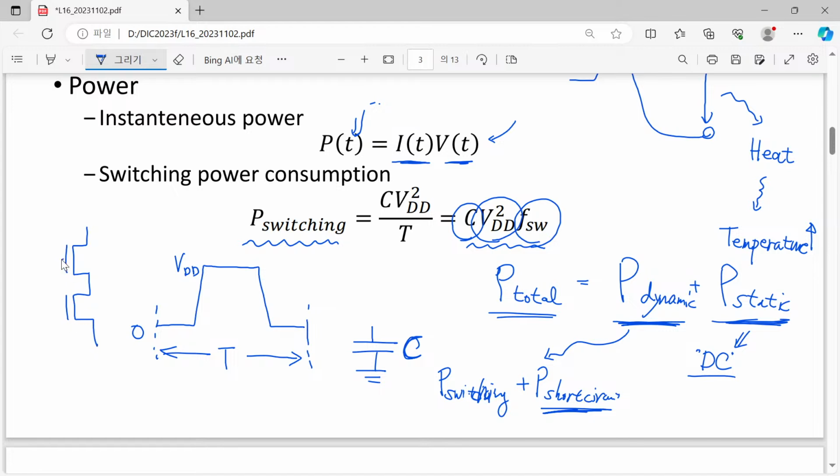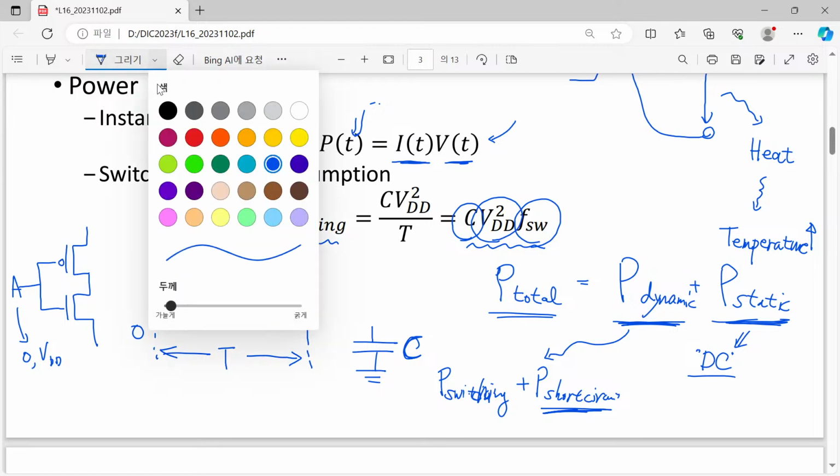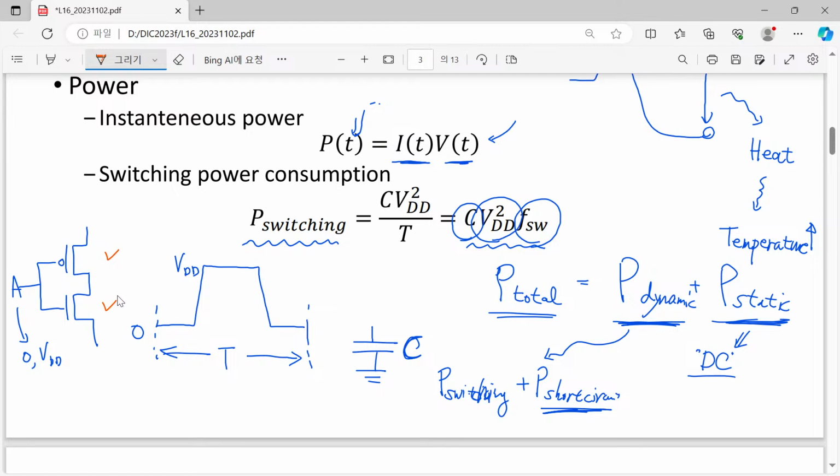However, short circuit current or short circuit power consumption is just showing certain case like this. So you know, an input signal is entered into this inverter, and you know that if this is really 0 or VDD, only one of our two transistors is turned on. However, let's say that intermediately, let's say that we just apply half VDD, then what will happen?